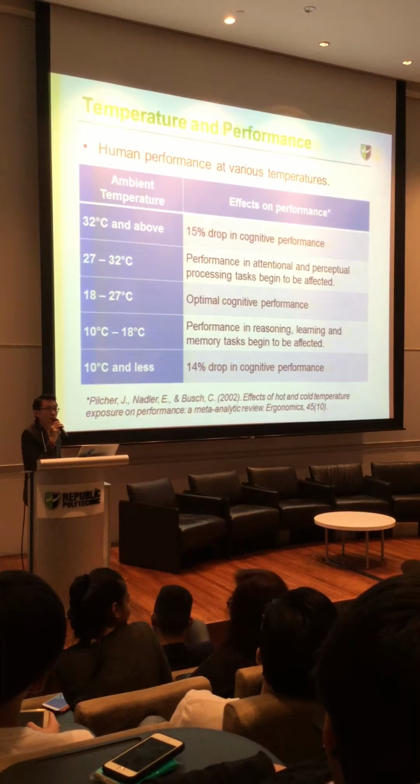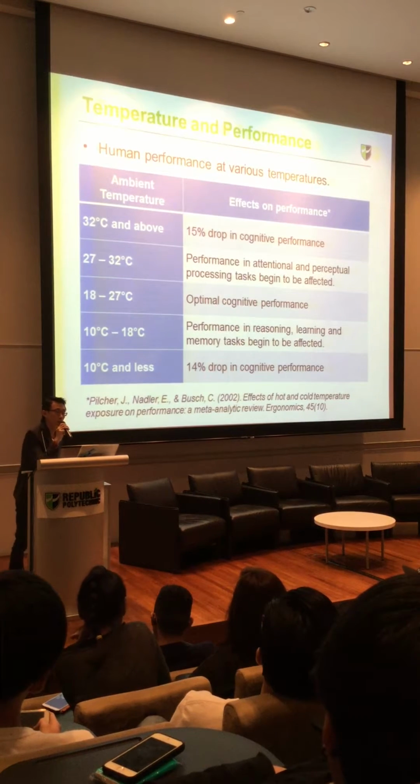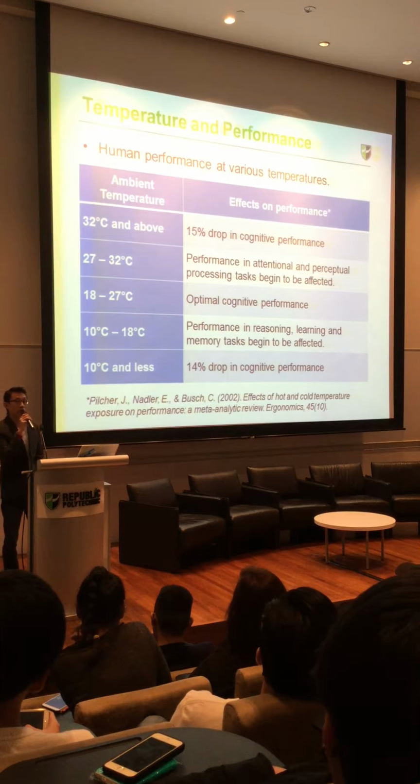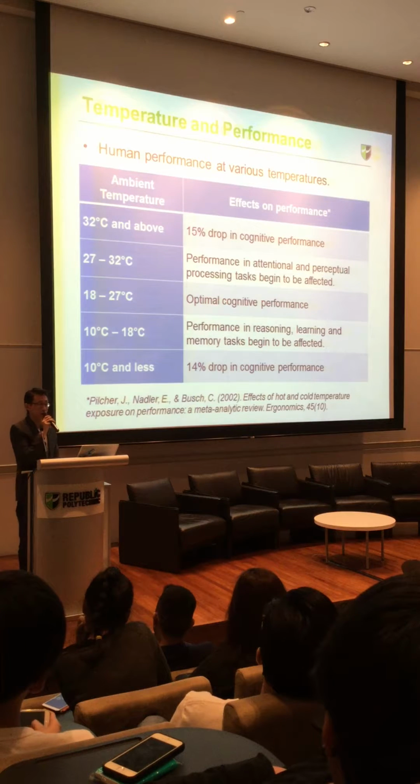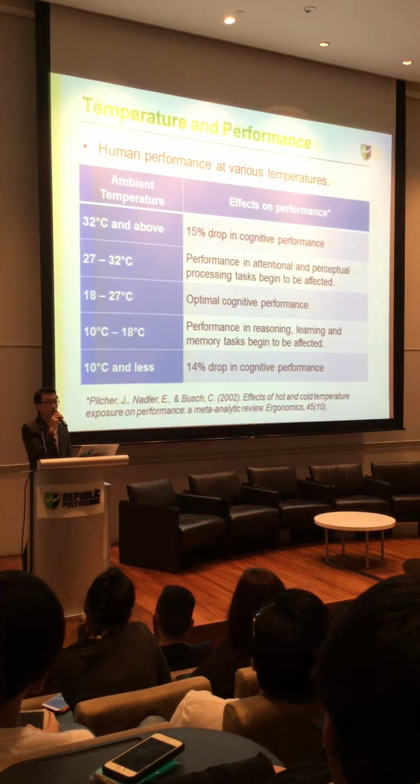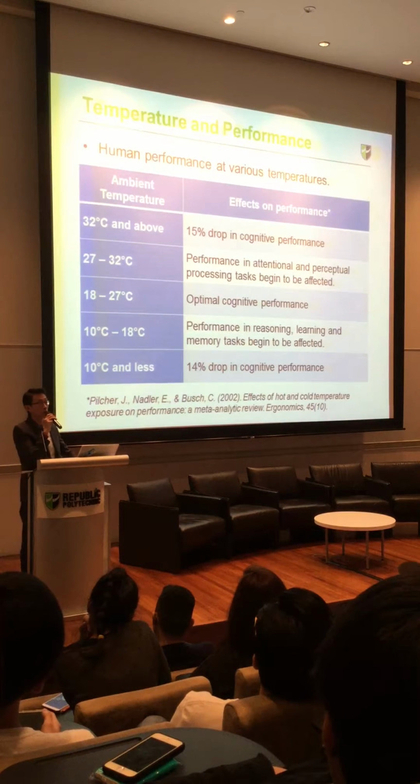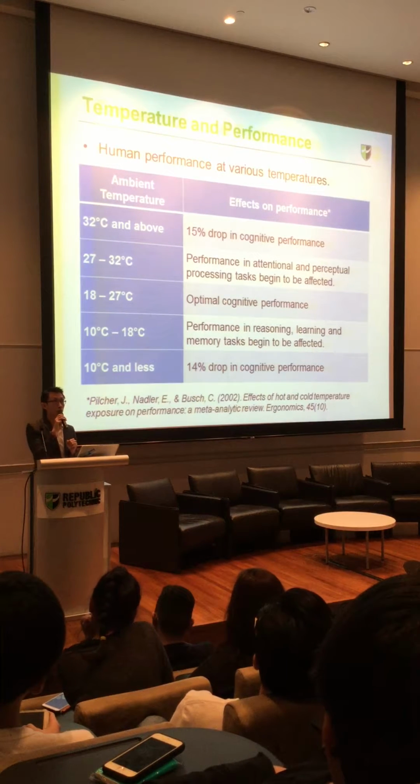Otherwise you will blame us if you cannot think. So do know that your cognitive performance, your thinking abilities, are best at 18 to 27 degrees Celsius. Anything above or below that, you will be affected. So this is what the chart is talking about.